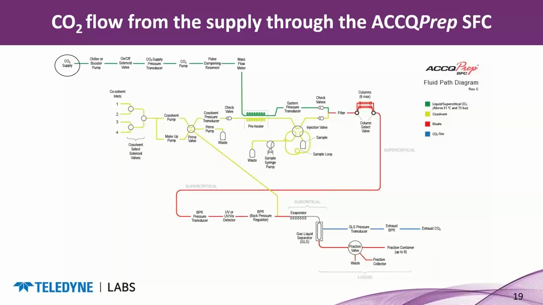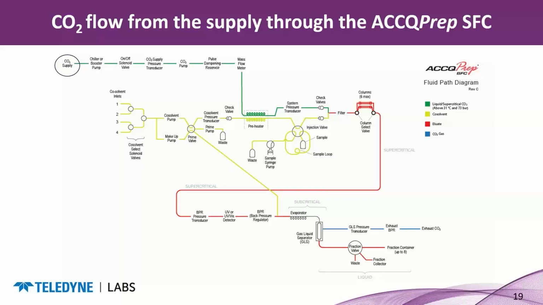This is a flow diagram of the instrument. I know it's a little busy, but the green flow path is basically your CO2 flow path into the system. I'm not going to describe every component here, but I mentioned you need to cool your pump head, so you've got a chiller or booster pump feeding in from your CO2 supply, and I'll go into more detail on subsequent slides on that.